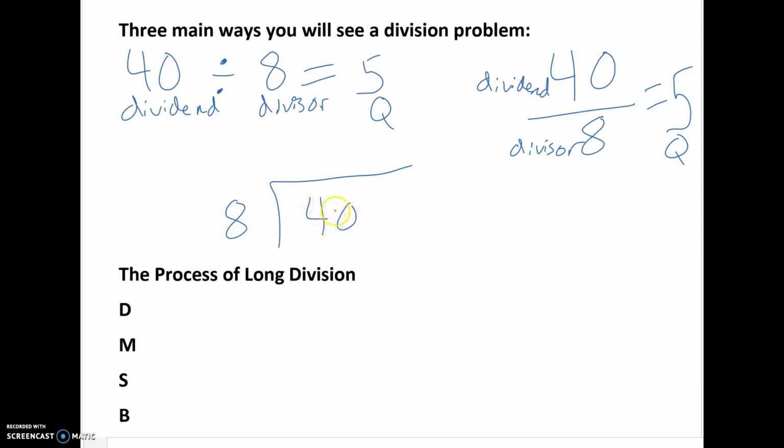Okay, so 40 is being divided by 8. Okay, and then from here, later on in the notes, we'll get into how to actually work this out. Okay, there's a specific process and steps to use that'll help you do this. Okay, obviously 40 divided by 8, we know it's 5. Okay. If you need to pause it to catch up, go ahead.